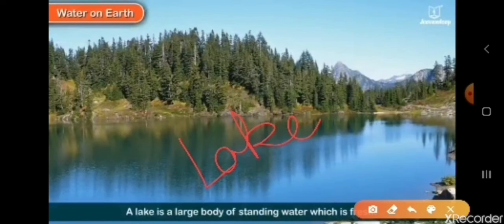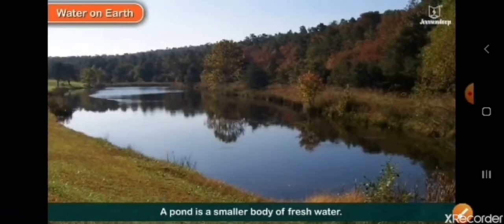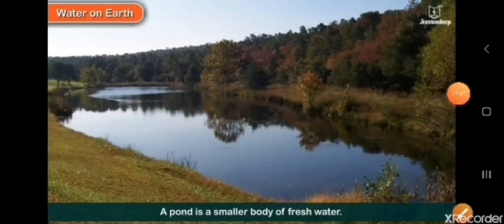Means the water in lakes does not move from place to place. It keeps standing at the same place, as the lake is surrounded by land on all sides. Similarly, ponds. Ponds are another still water body, and these are also freshwater bodies. So, these are ponds. These are the different sources of water found on earth.